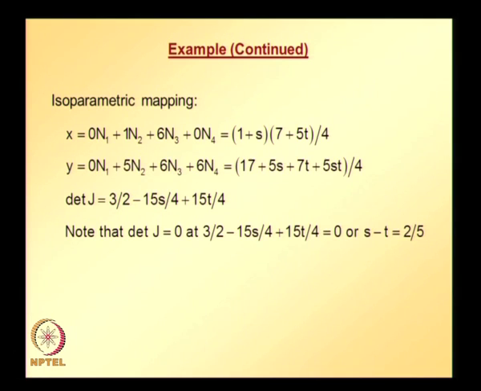Note that determinant of J is equal to 0 when 3 over 2 minus 15 S over 4 plus 15 T over 4 is equal to 0. So, that results in the line S minus T is equal to 2 over 5.